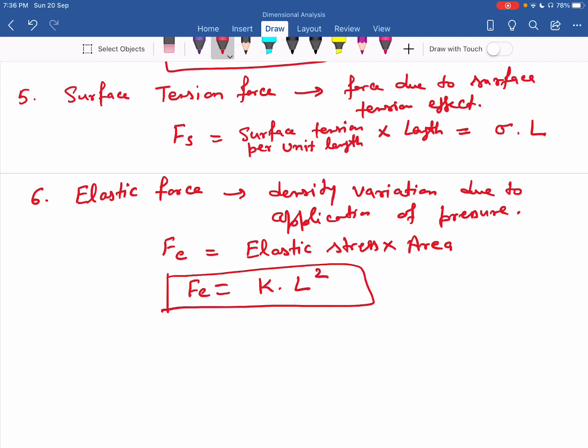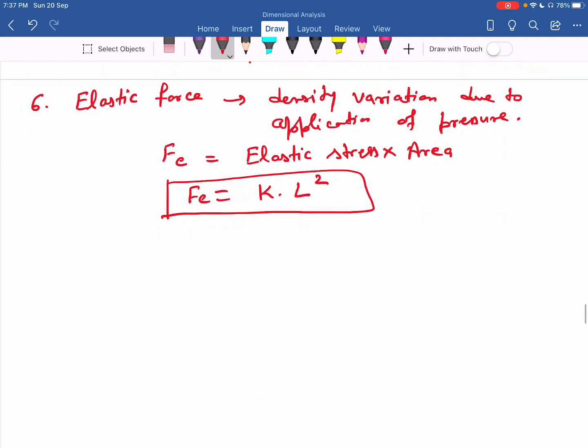So depending upon the phenomena, some forces are more dominant as compared to the other forces. Now depending upon these forces, if we find the ratios of these forces, we are able to find out the dimensionless numbers.